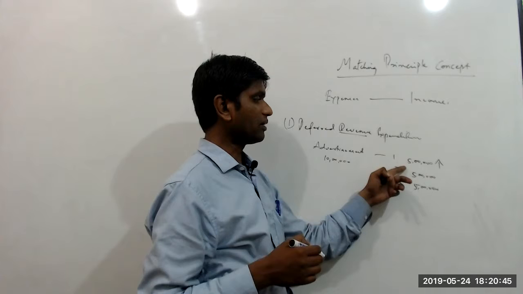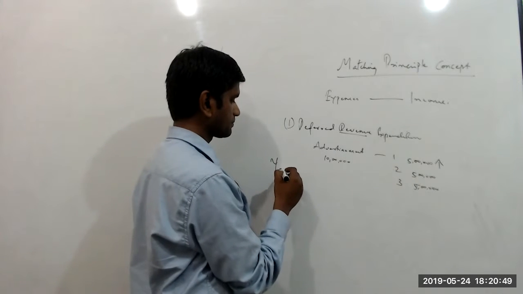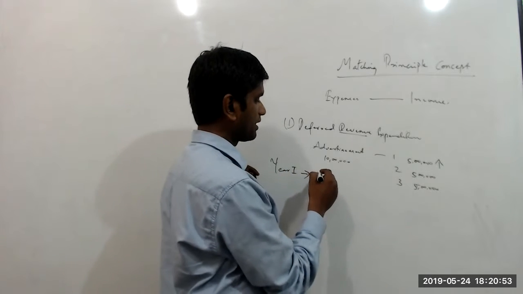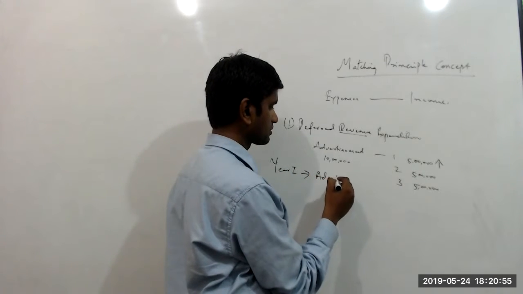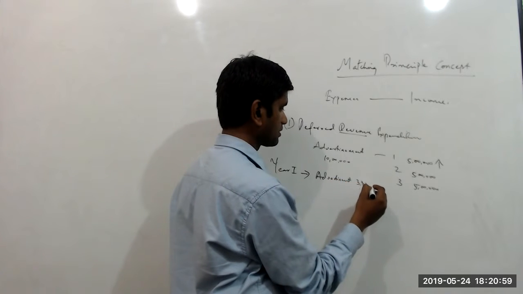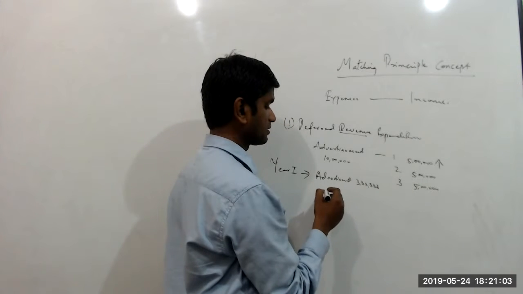Now, how am I going to account for this? In year one, the advertisement expense will be 3,33,333, that is 1/3 of the 10 lakhs over 3 years.